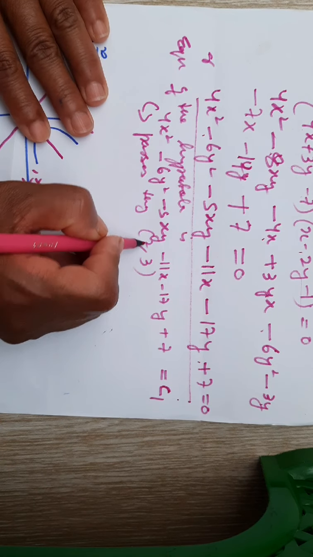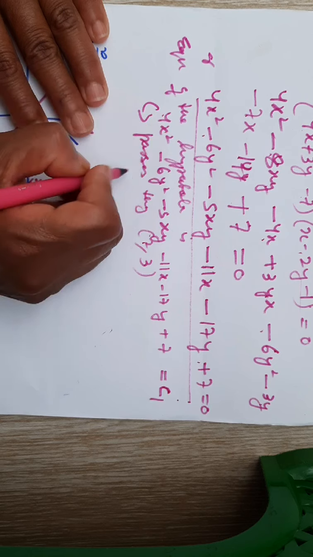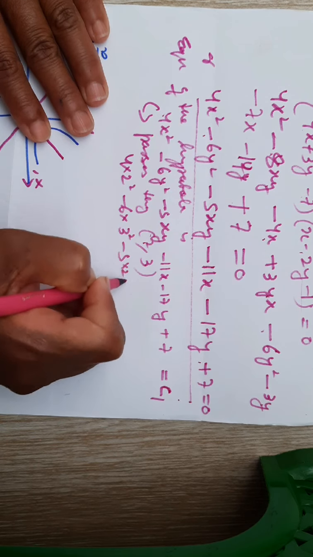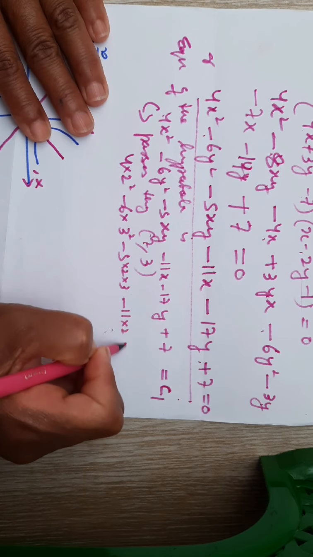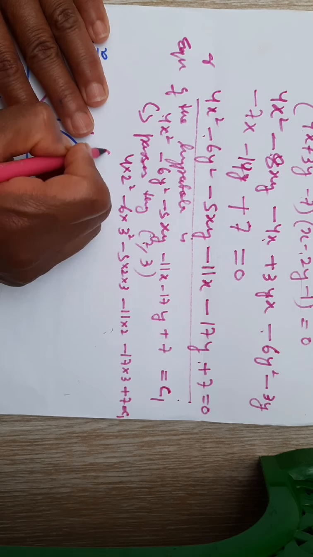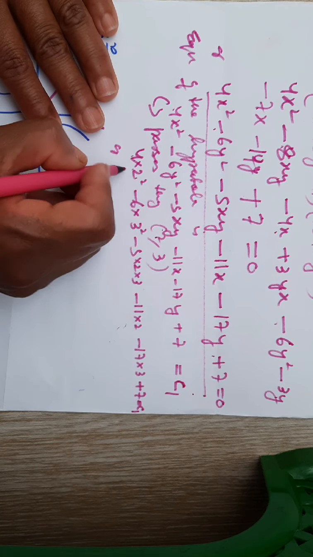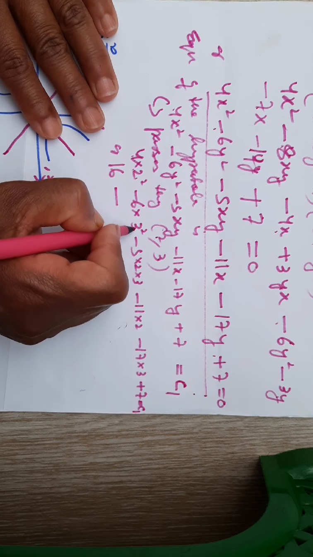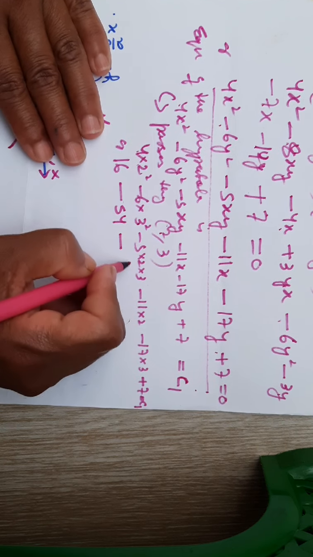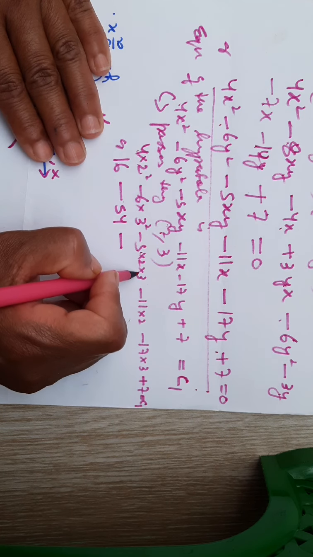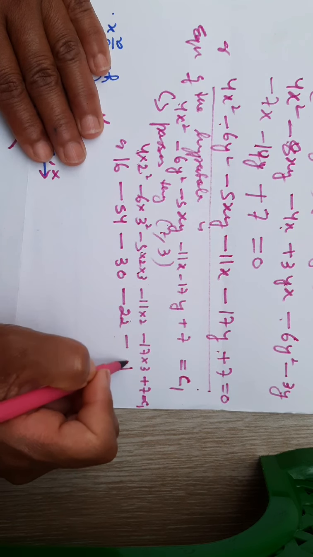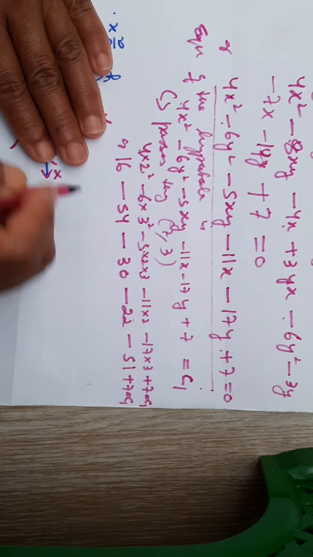So you replace x by 2 and y by 3, then you'll get 4 into 2² - 6 into 3² - 5 into 2 into 3 - 11 into 2 - 17 into 3 + 7 equal to C1. Or this one will be 4 into 4, it will be 16, minus 9 into 6, it will be 54, minus 5 into 6, it will be 30, minus 22, minus 51, plus 7 is equal to C1.